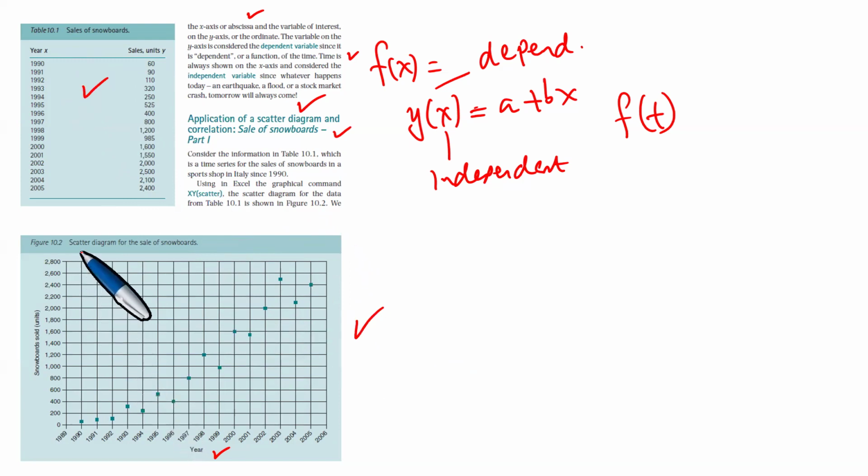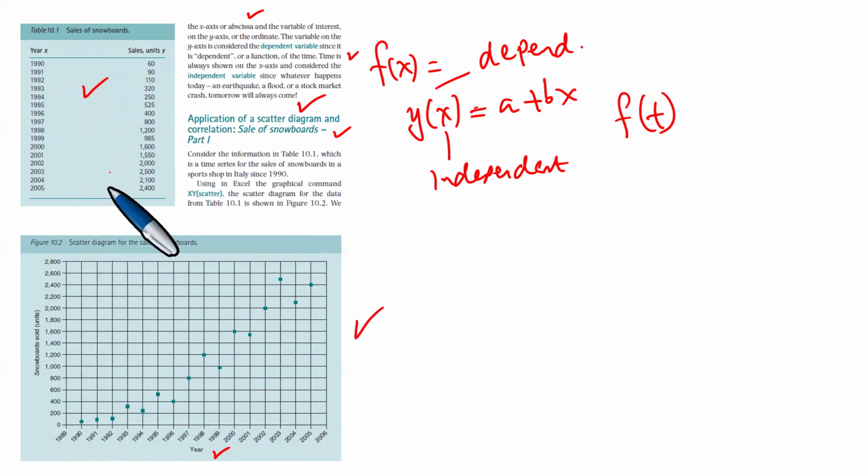We're able to see the scatter diagram for the sale of snowballs. For instance, in 1990 we have 60 of them. Looking at the units on the y-axis and the years like 1990, 1991, up to 2005, shown there, it moves at a step of 1 year per interval.